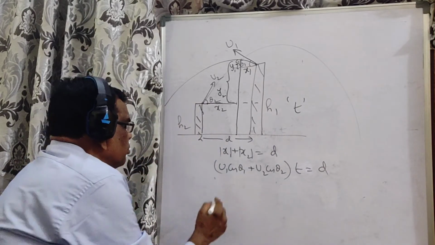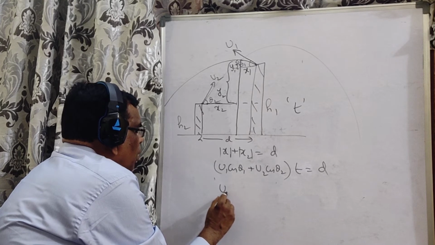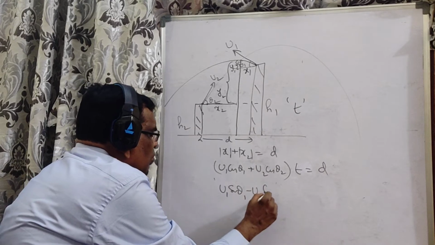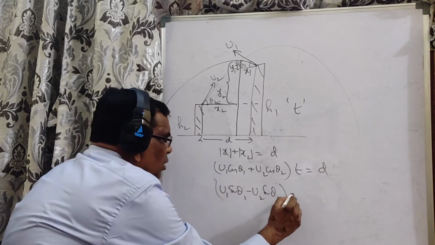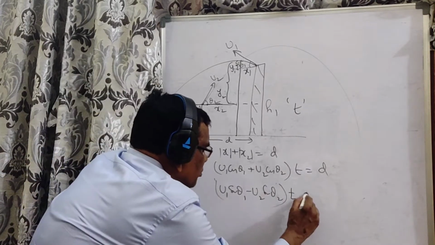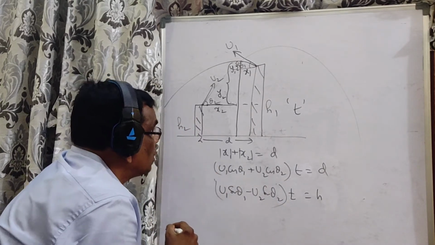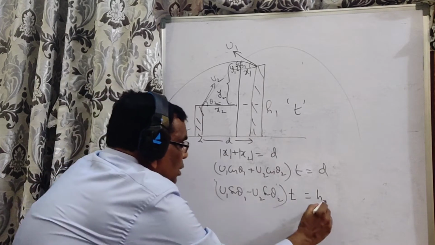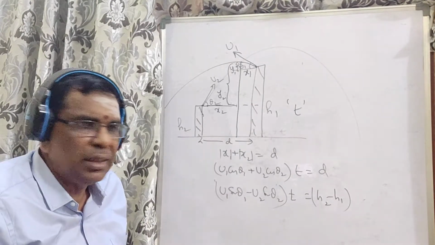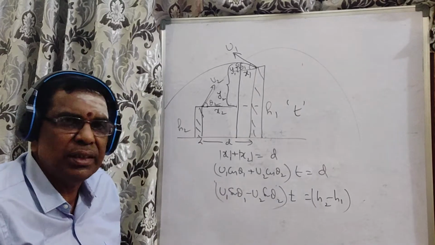Got the point? u1 sin theta 1 minus u2 sin theta 2 into t equals h2 minus h1. You may reverse this or reverse there. It doesn't matter to you. If it is 1 minus 2 here, it should be 2 minus 1 there.